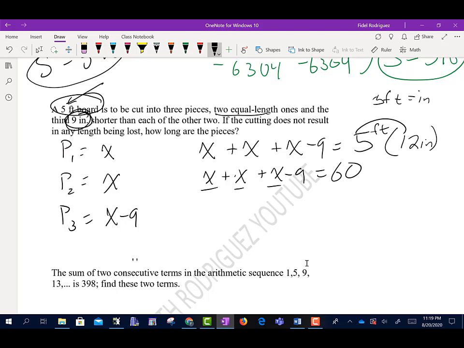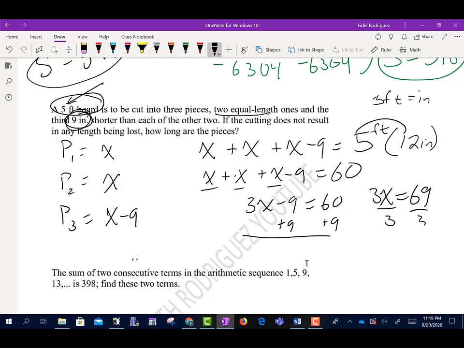1, 2, 3, that's 3x minus 9 equals 60. Let's just add 9 to both sides. 3x equals 69. So when we divide by 3, x is going to be 23. So this piece is 23 inches, right?